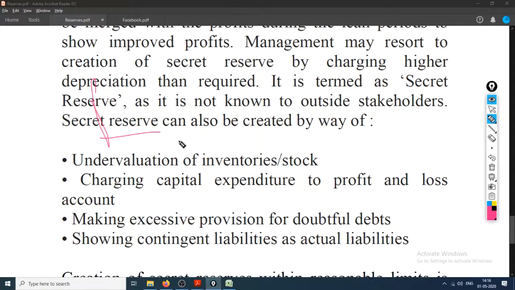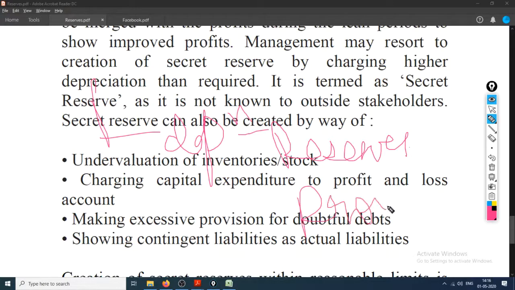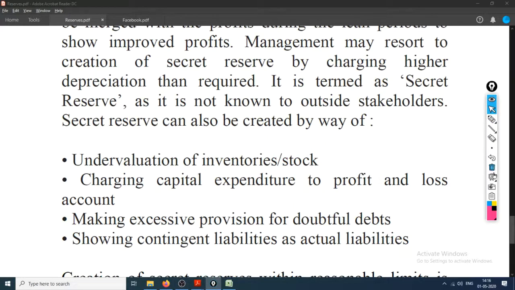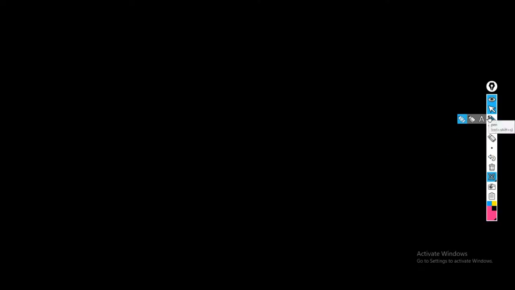This is how depreciation, reserves, and provisions are used to manipulate profit. Right here I'll write it for you. Depreciation, provision, and reserves are used to inflate and deflate any company's profit.